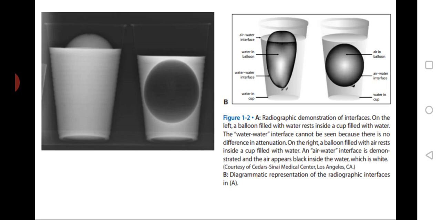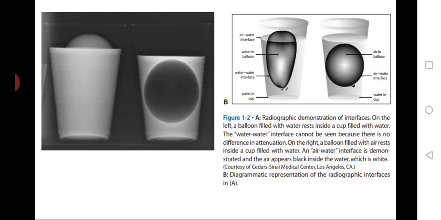So we can see a difference. We can see the interface, because generally the only thing that you can see here is this border of the circle. So thanks to this, you can guess very precisely where the balloon filled with air is.